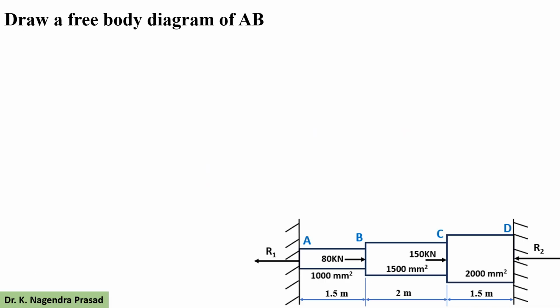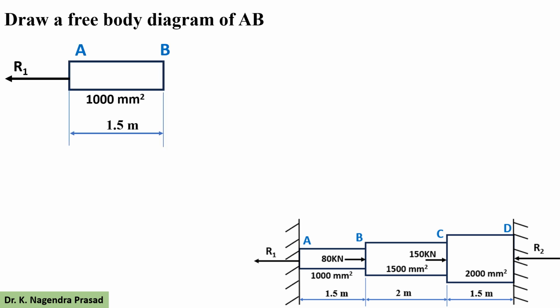Let's see the solution. First, draw a free body diagram of portion AB. Here, reaction force R1 is acting at the left hand side of the body, and let's consider R1 equal to PAB. To maintain the equilibrium, the right hand side also generates the same amount of force PAB.